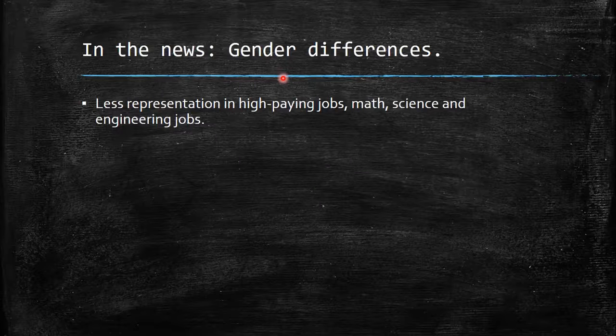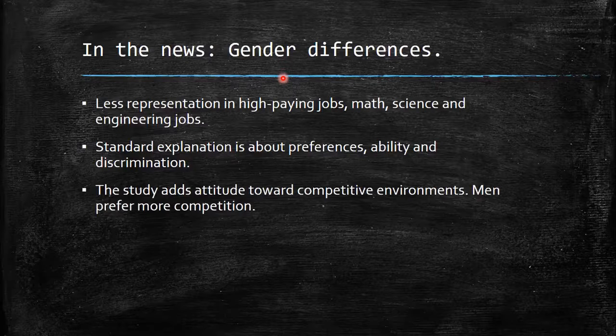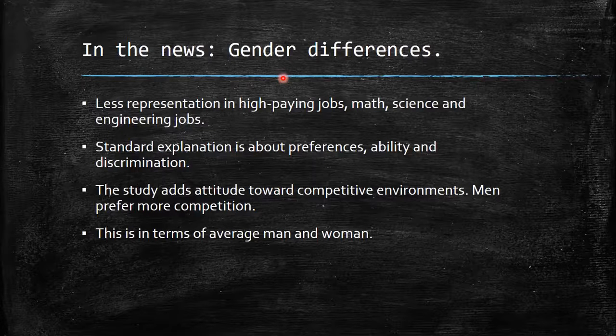Then gender differences: less representation of women in high paying jobs, math, science and engineering jobs. And then they try to find some explanations. The starting explanation is about preferences, ability, and discrimination. And there was a study that at the end says that it adds attitude toward competitive environments, and men prefer more competition. This is in terms of the average man or woman.